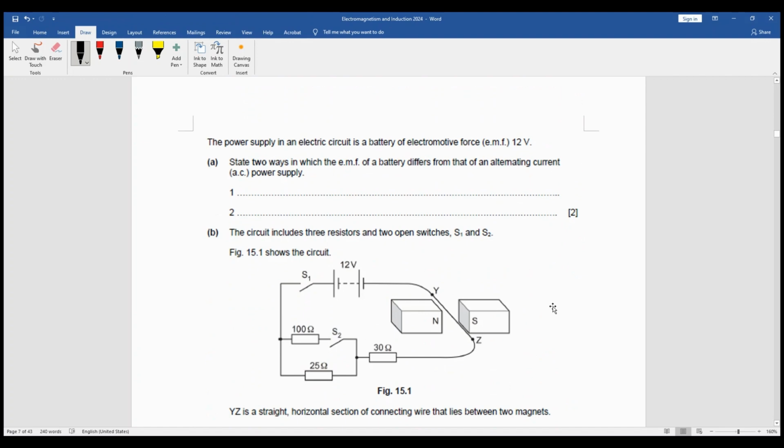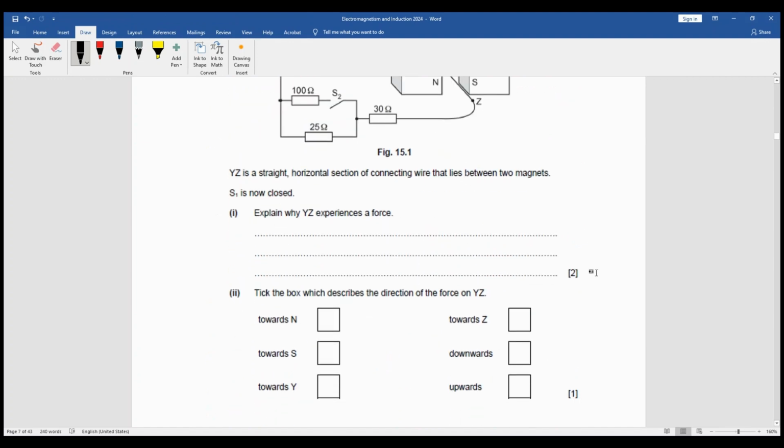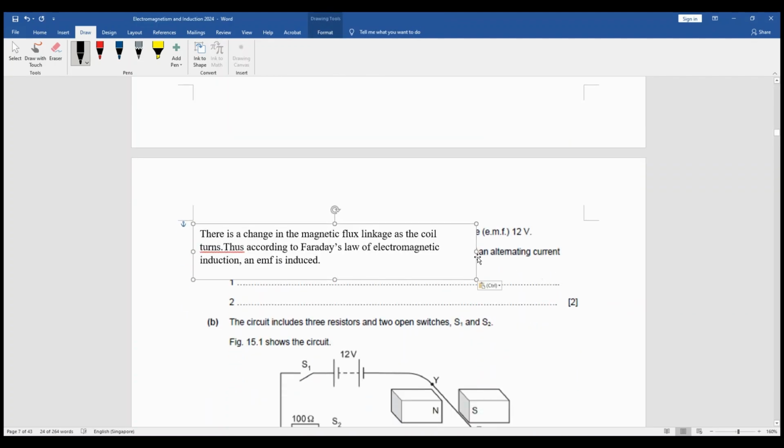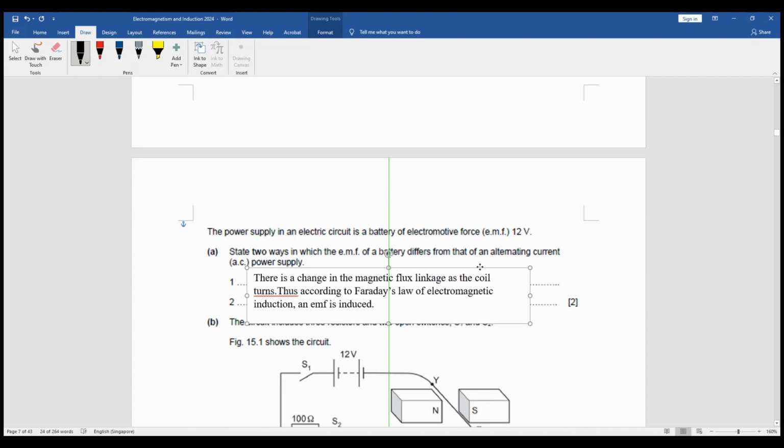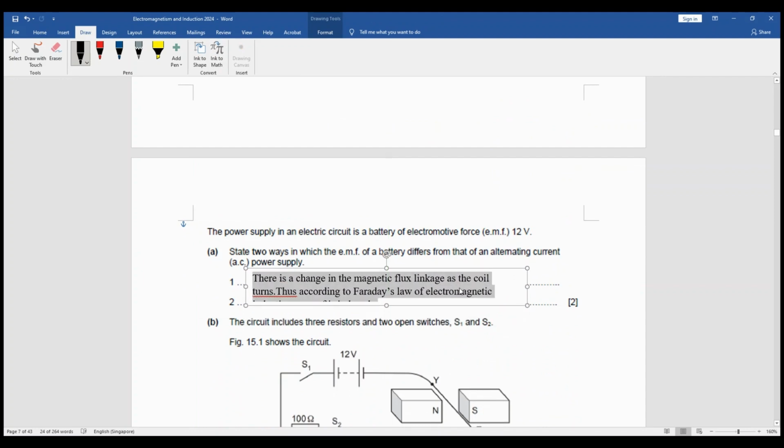The power supply in an electric circuit is a battery of electromotive force 12 volt. State two ways in which the EMF differs from that of alternating current. First way, AC has changing polarity.